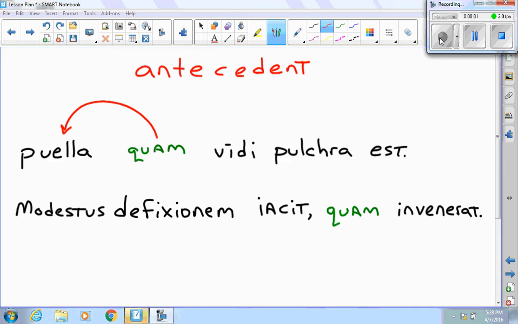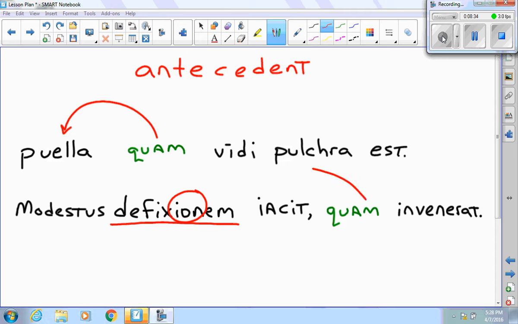Sometimes you get words that we wouldn't think of as feminine. For example, modestus defictionem jacet quam invenerat. In this case, defictionem is feminine. Most of those words that have that ion in them are feminine. So if I ask you what the antecedent of quam is in this sentence, Modestus throws the amulet, the cursed amulet, which he had found.